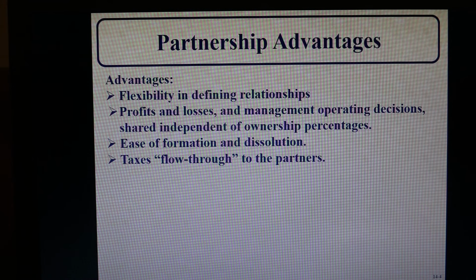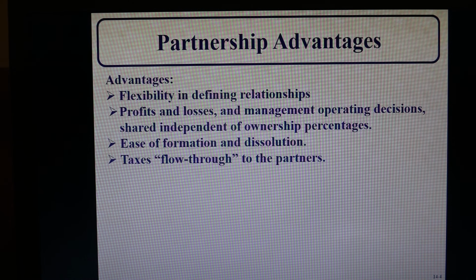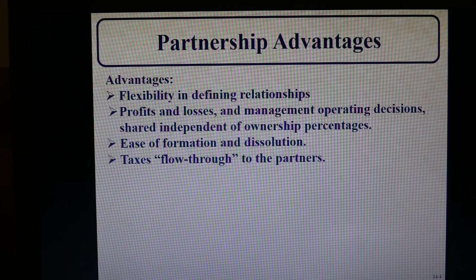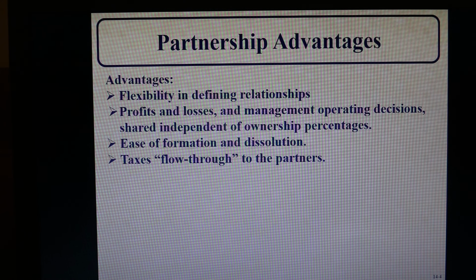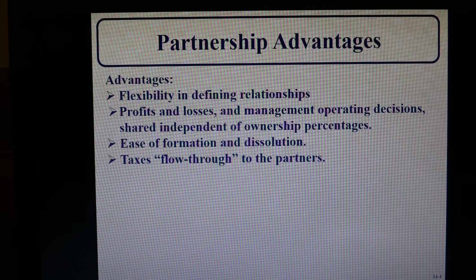One of the main advantages of a partnership is the fact that the income, expenses, gains, losses of the partnership flow through to the various owners, partners. And so by doing that, you avoid double taxation that you would get with a corporation.